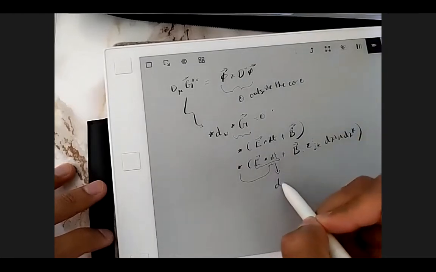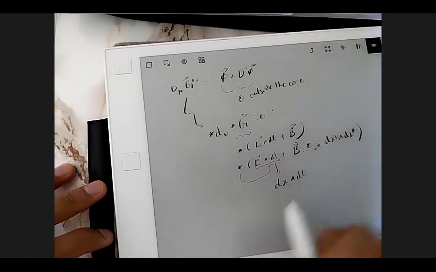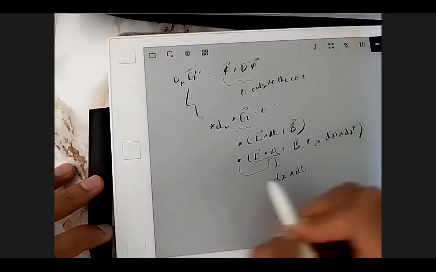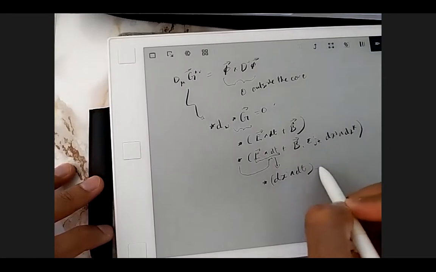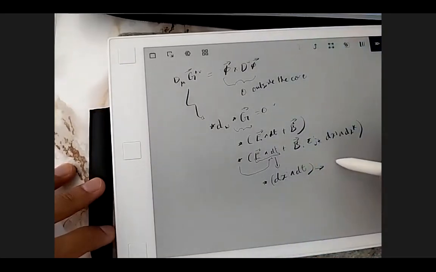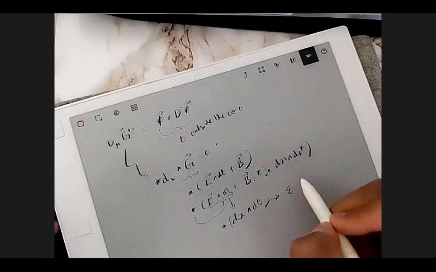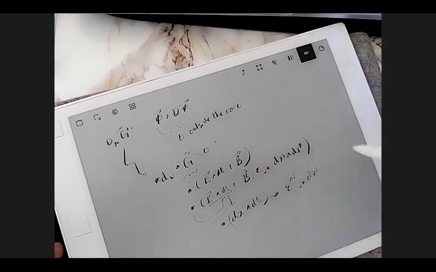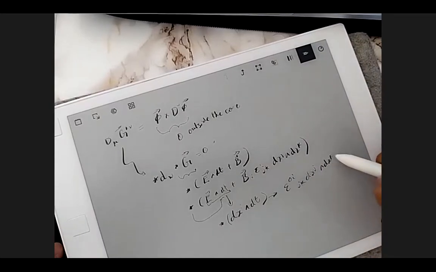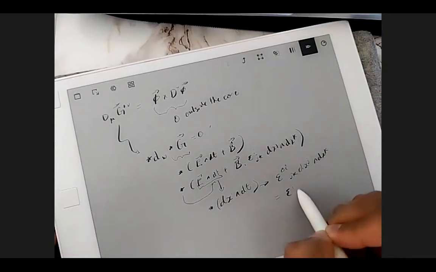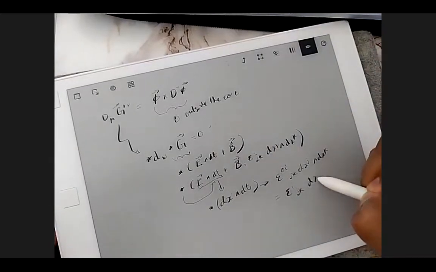We have dxi wedge dt. And then under star, that will go to epsilon 0ijk dxj wedge dxk, which we can write in terms of 3-dimensional epsilon.